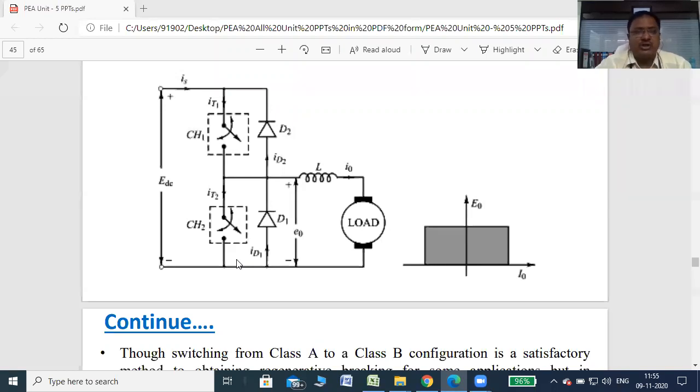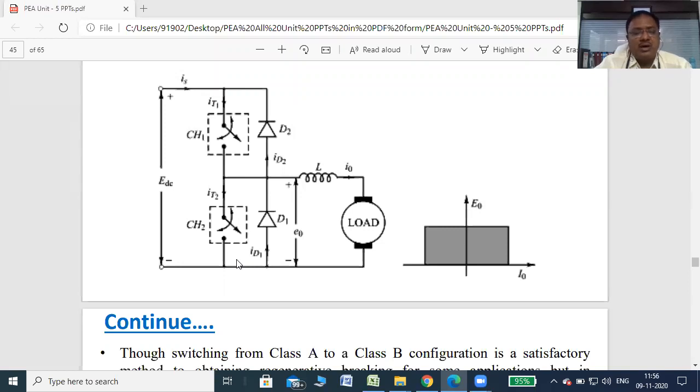There are various protections we have already learned in the second unit. All types of protections are always used with the chopper or SCR power device, and even with the protection circuit, if you are using SCRs in a chopper, a commutation circuit is required. The commutation circuit is also not shown in the figure, but it is always required.